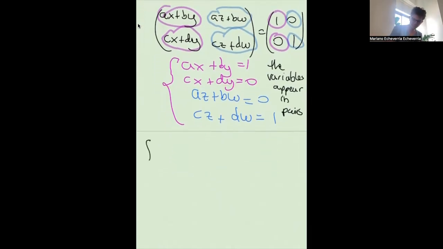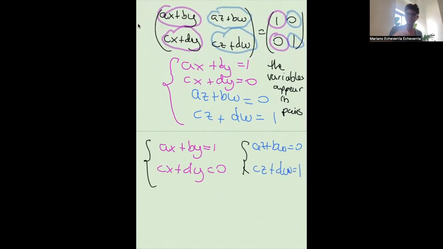Is that okay? Because they don't interact with one another if the variables are not mixed, right? Is that making sense? Yes. So it's a fun thing that happens when you're trying to find the inverse. You had 4 variables, but they come in 2 and 2.